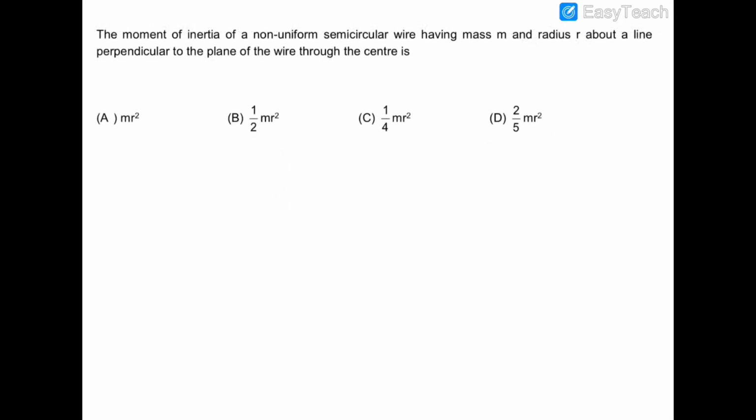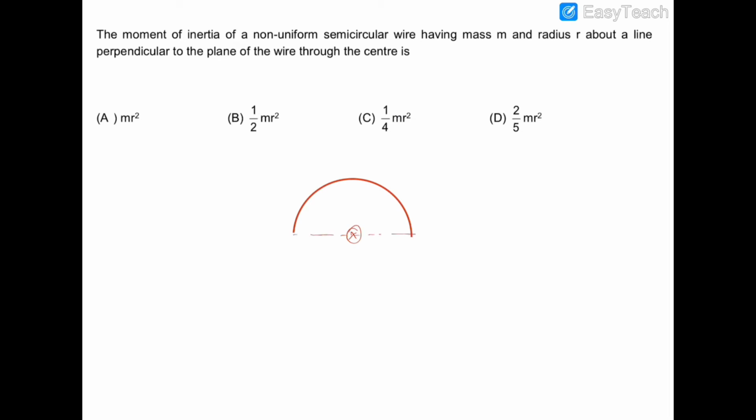In this question, you can see that there is a semicircular wire and we have to find out its moment of inertia about an axis which is passing through this point.